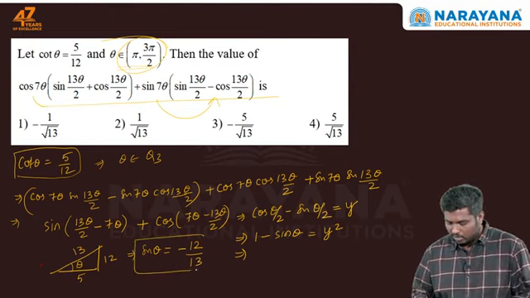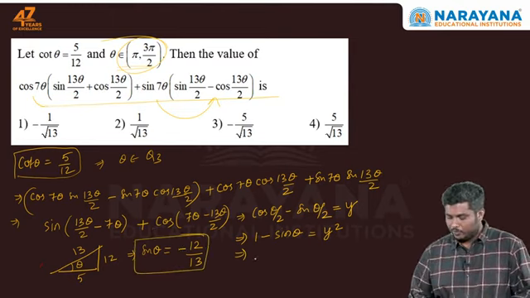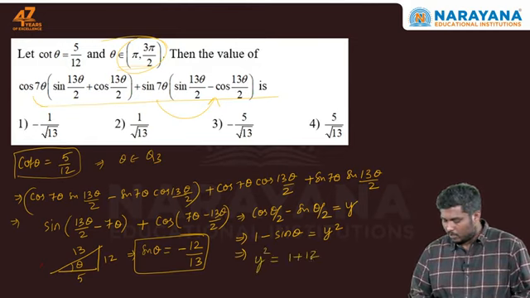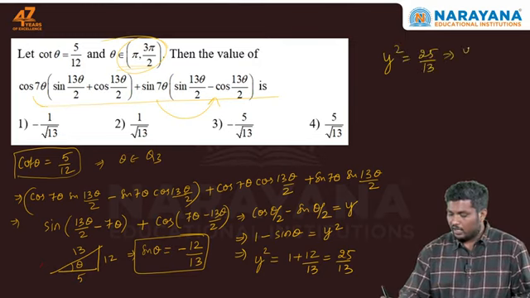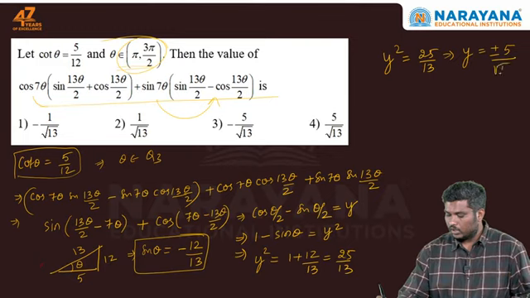So sine theta is equal to minus 12 by 13. So y square is equal to 1 plus 12 by 13, which is 25 by 13. So y square is equal to 25 by 13, and y has to be plus or minus 5 by root 13.